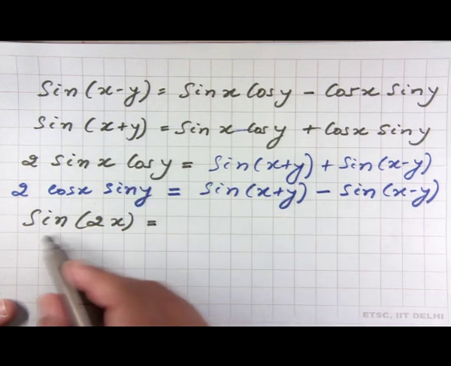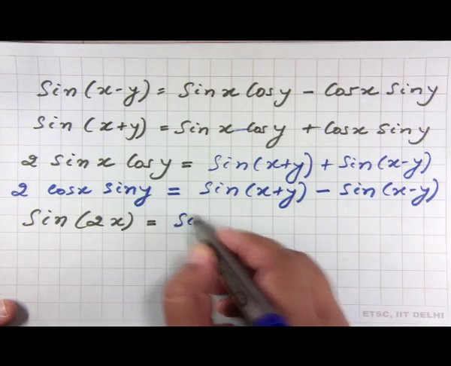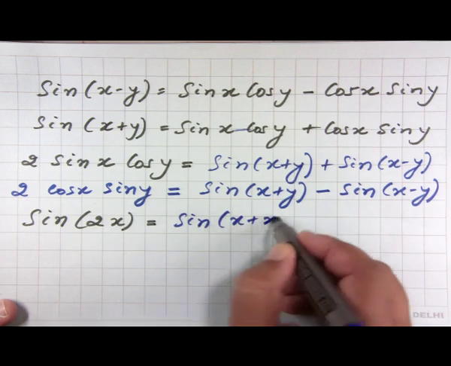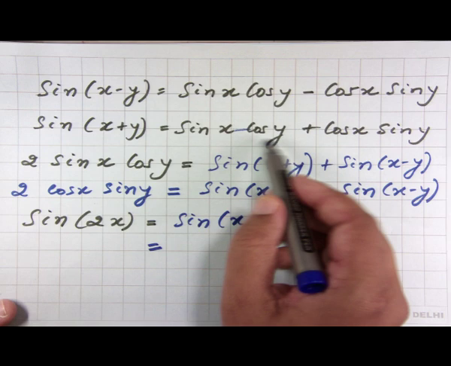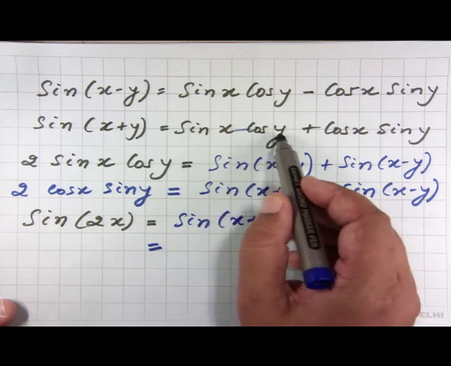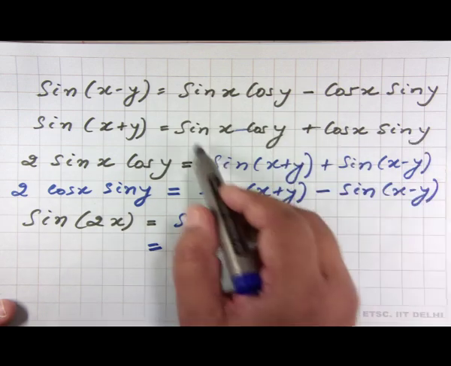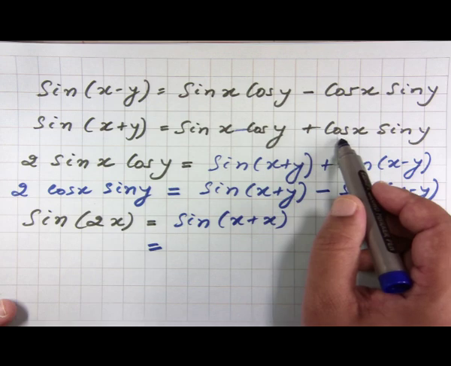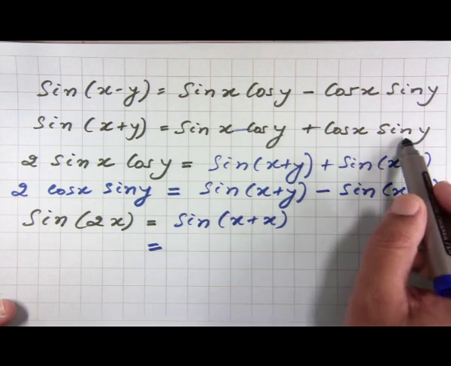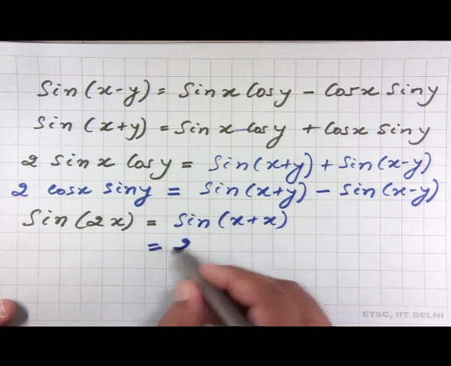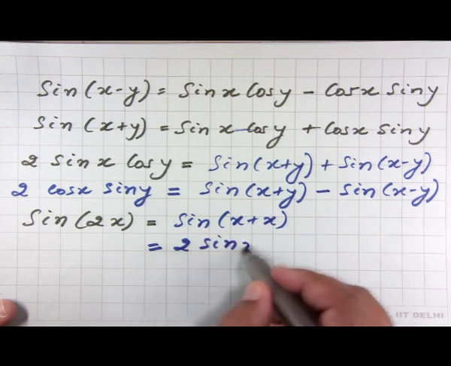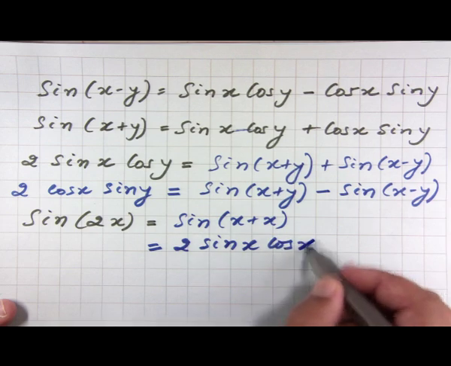So, we get sin 2x is sine of x plus x. Now, in this formula we have y equal to x. So, we get sin x cos x plus cos x sin x, which is equal to 2 times sin x cos x.